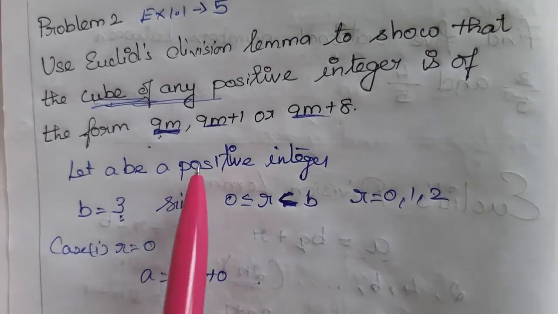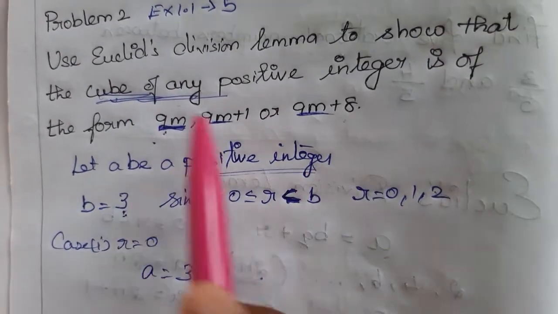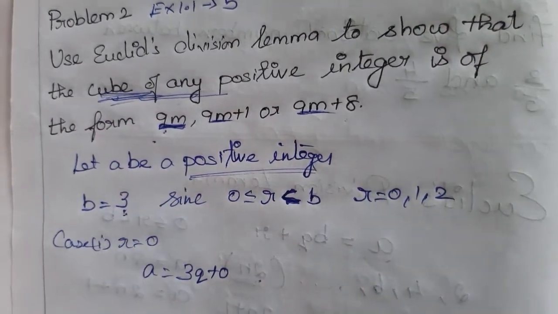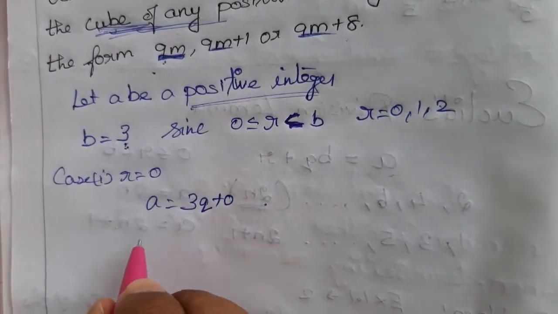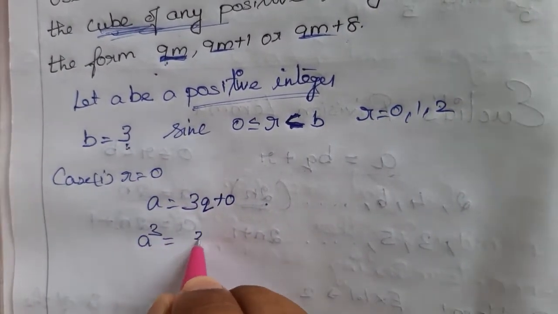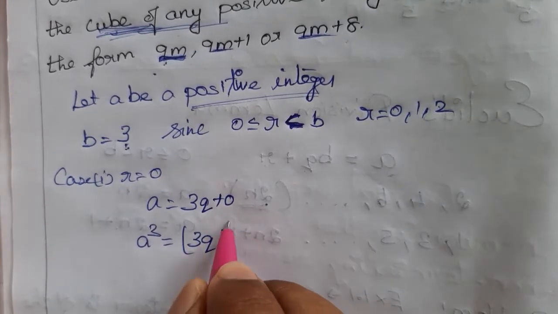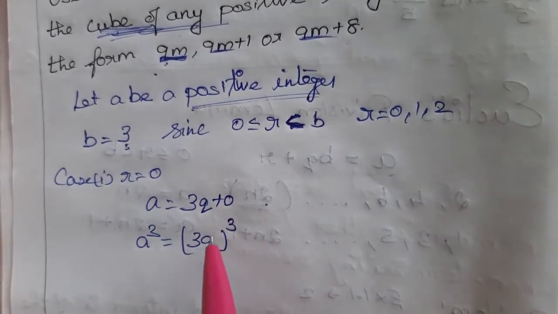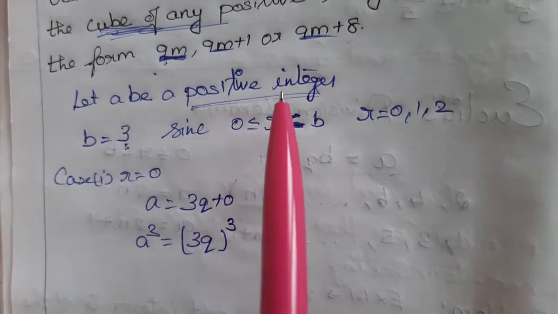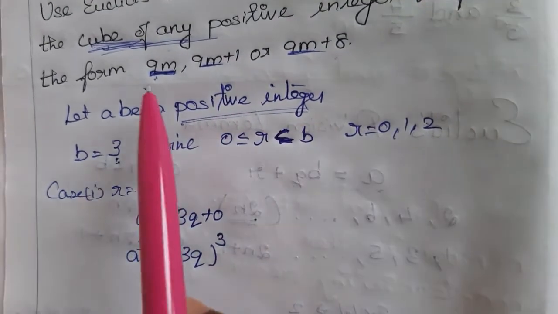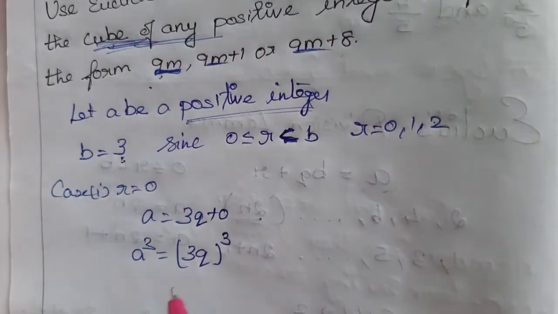But I chose a as a positive integer, and the question asks about a cube of it. So let me cube both sides. A cube equals 3q the whole cube, that is 3q plus 0, just written as 3q, cubed. Just expand. Now 3 cube is 27, so 27q cube.